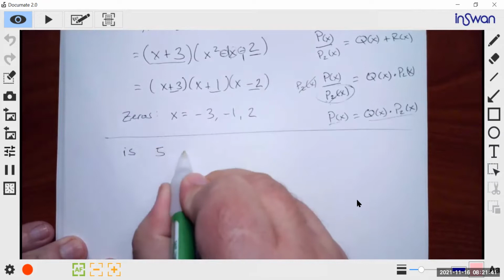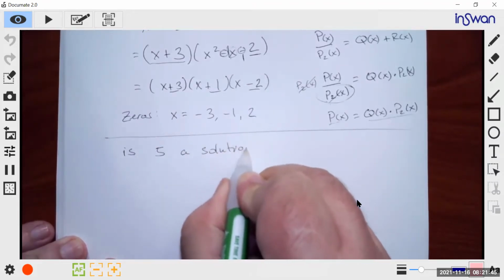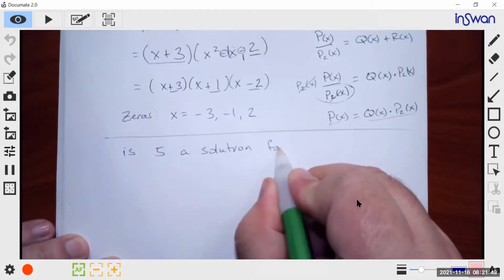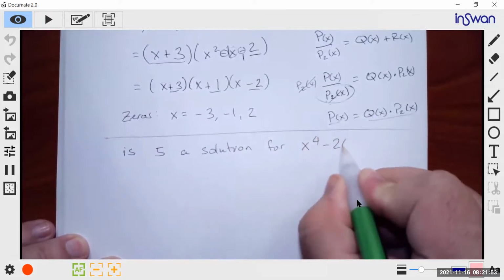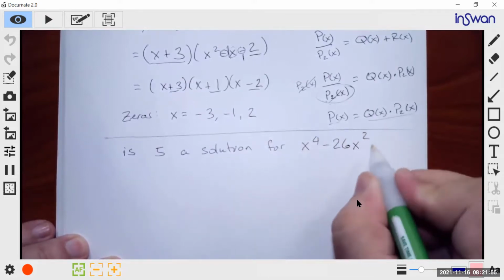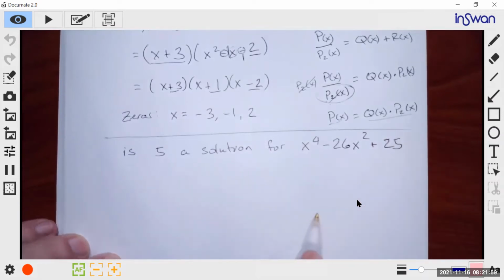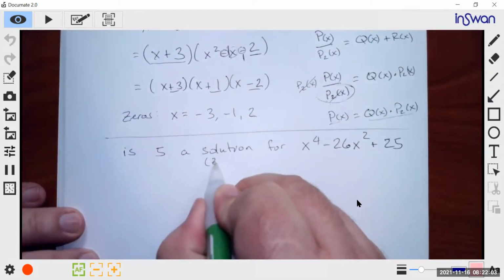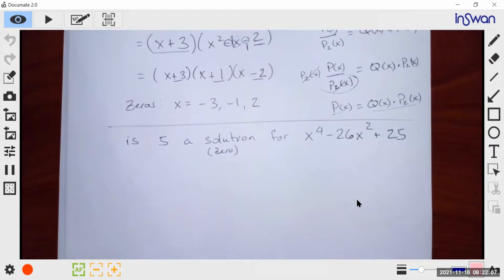Is 5 a solution? What's that polynomial? For x to the 4th minus 26x squared plus 25. Is 5 a solution, or a 0, of this polynomial?